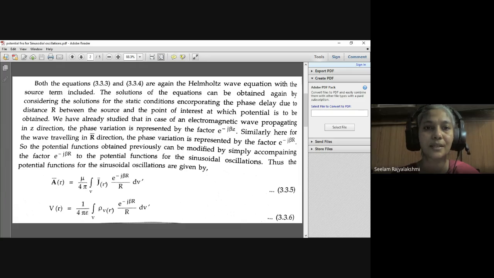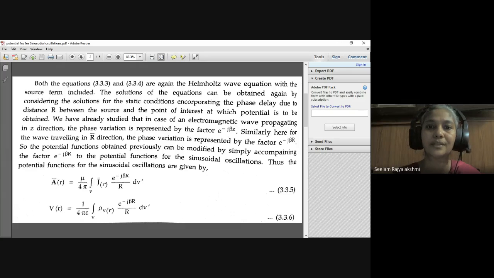We have already studied the case of electromagnetic wave propagation in the z direction, but here we will use the r direction. There the phase variation is represented by the factor e power minus j beta z, because we considered the z direction. Similarly, here the wave is traveling in the r direction, so we replace z with r.